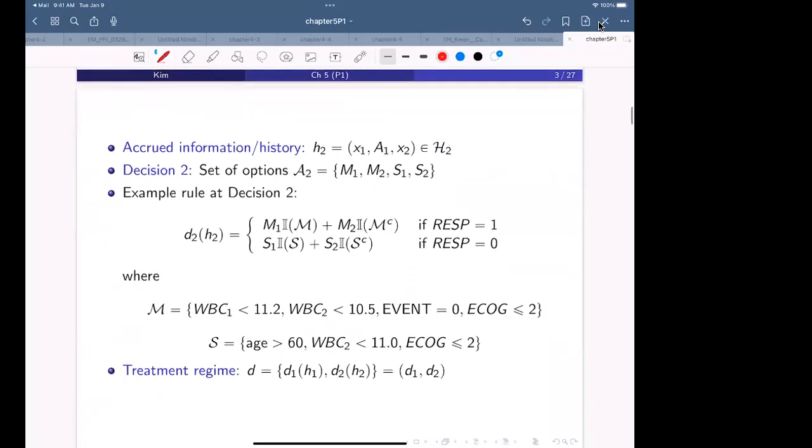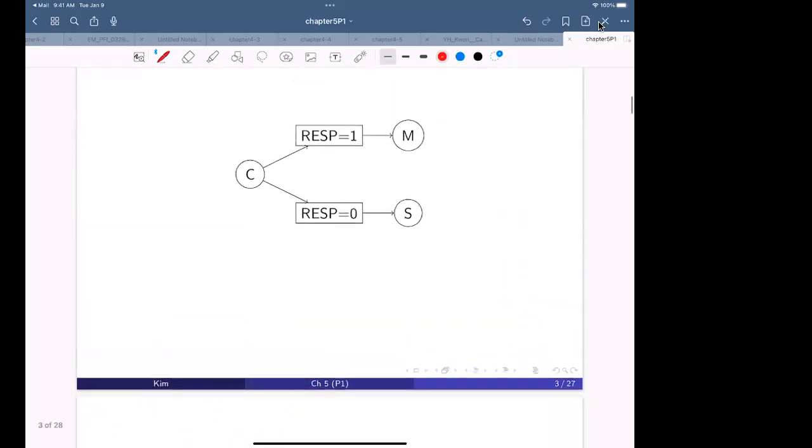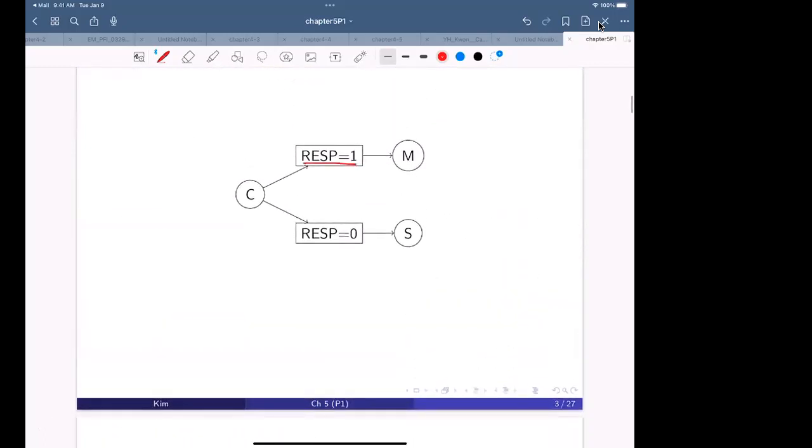Anyway, so accrued information. This is the interesting part, because even though the doctor gives you some prescription, right, the patient does not always follow the instruction. So then you may actually have two different results based on the response of the patient.